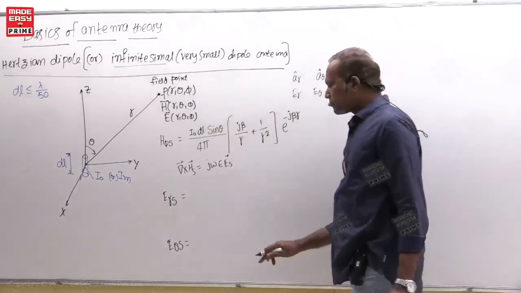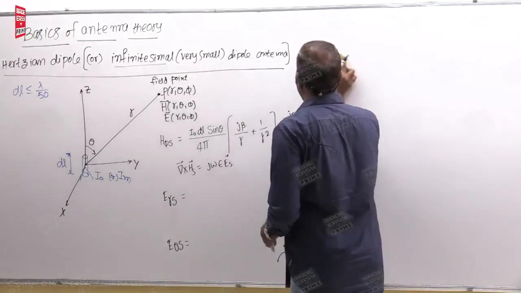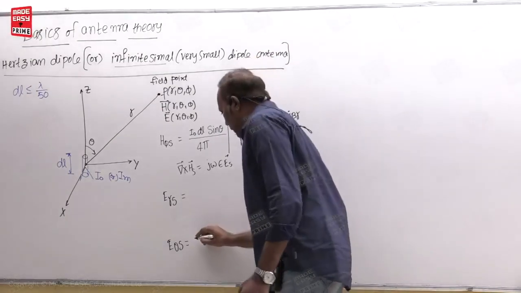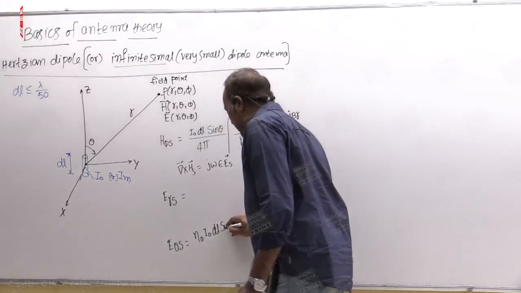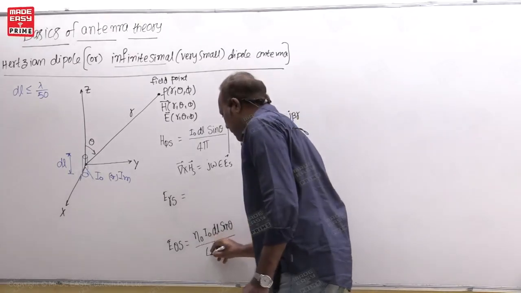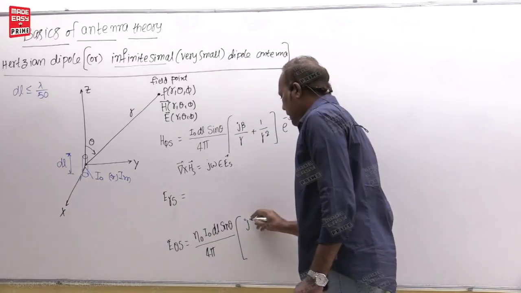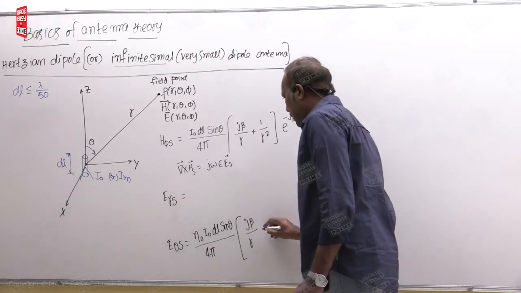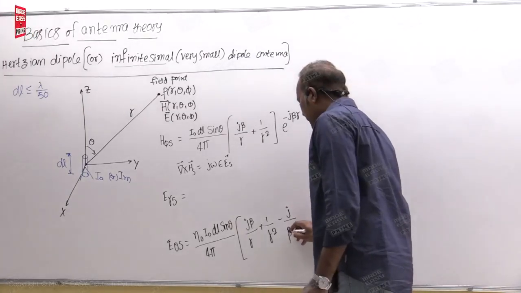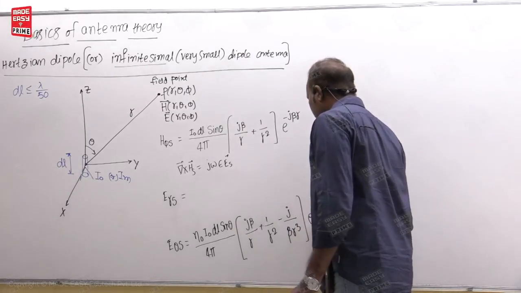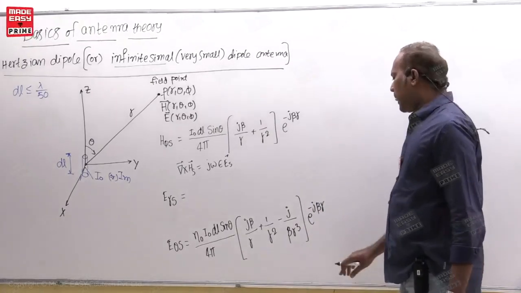After doing the derivation you get eta naught I naught dl sin theta divided by 4 pi, and this will have j beta divided by r plus 1 by r square minus j by beta r cube, you get e power minus j beta r. Here one more term added, no problem.